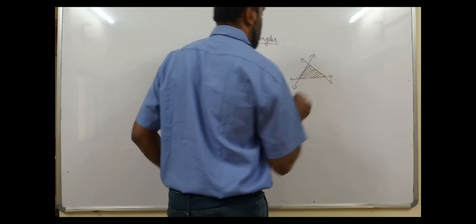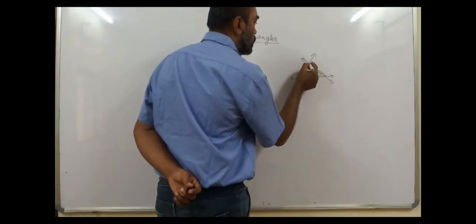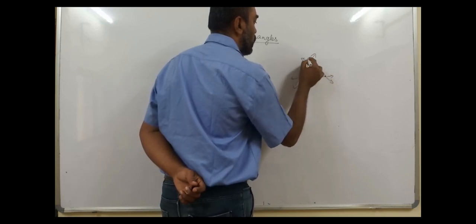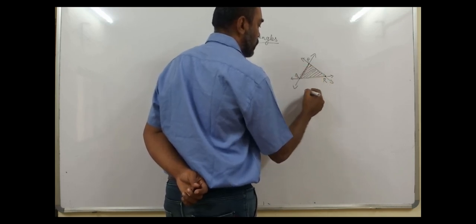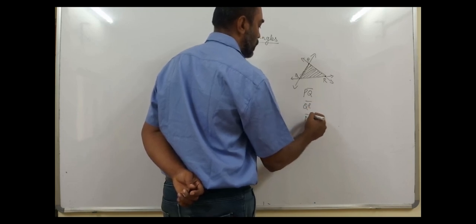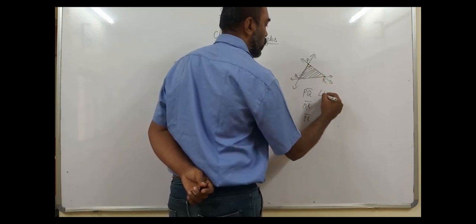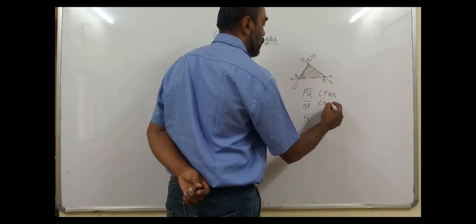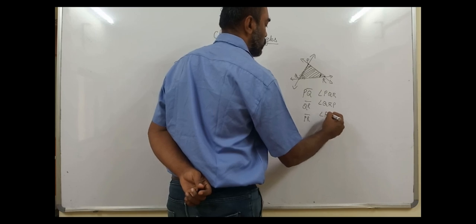Now you know the parts of the triangle. The triangle has got three vertices. Vertices means the endpoints. Let me name them P, Q and R. There are three sides, PQ, QR and PR, and there are three angles: angle PQR, this one, angle QRP, that is this, and angle RPQ.